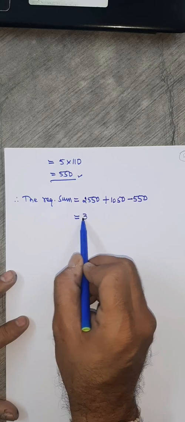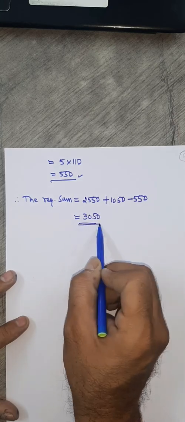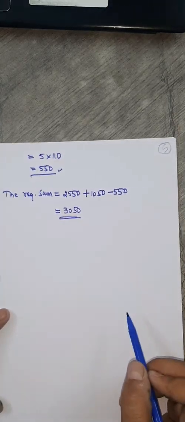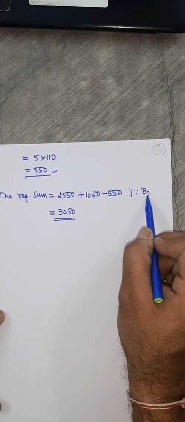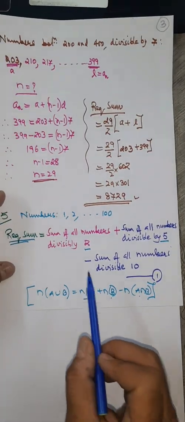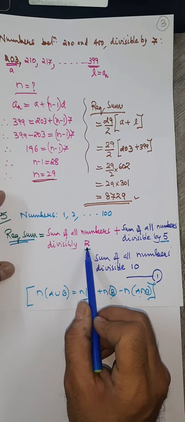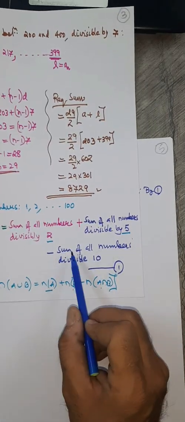If we simplify, we get 3050. We could write this by equation number 1. Have a look at it: all numbers divisible by 2, plus all numbers divisible by 5, minus all numbers divisible by 10. So this is the required summation.